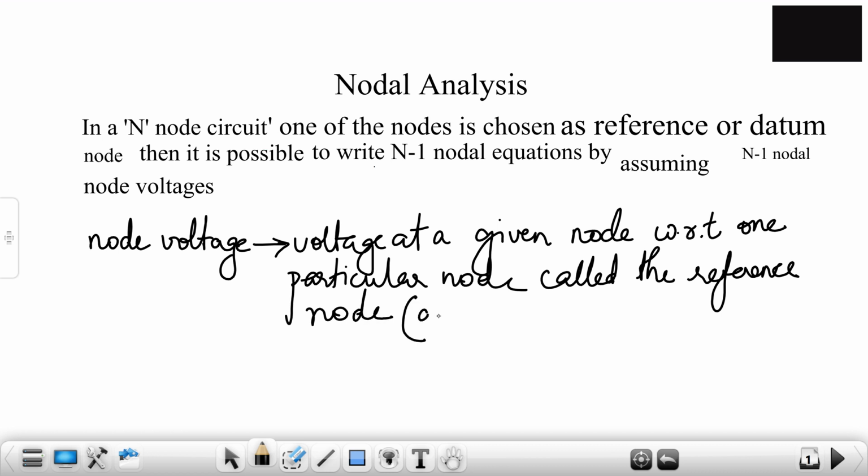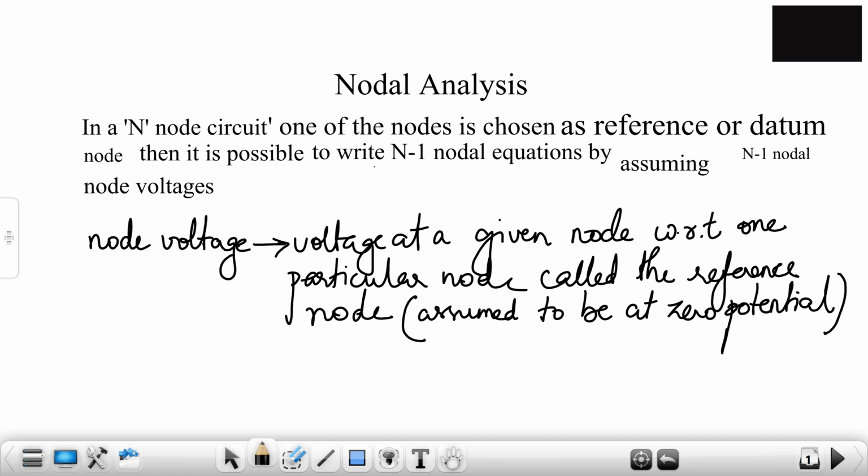And this reference node is assumed to be at zero potential. I repeat, node voltage is the voltage at a given node with respect to one particular node called the reference node assumed to be at zero potential.